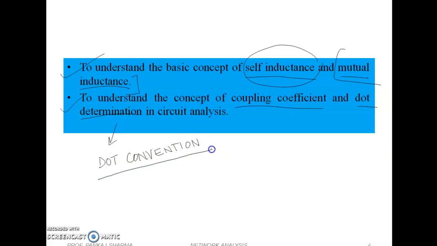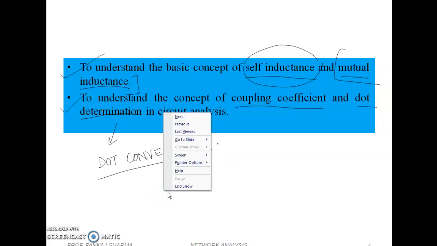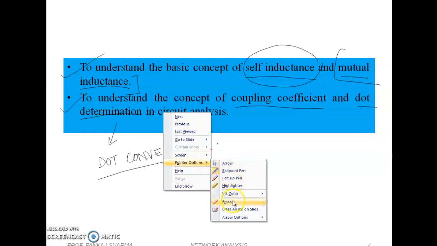Dot is a word that means dot convention. But what is the real meaning of having dot convention or the need of determination of dot in circuit analysis? We'll understand and go through all the theoretical as well as numerical aspects of all these topics.